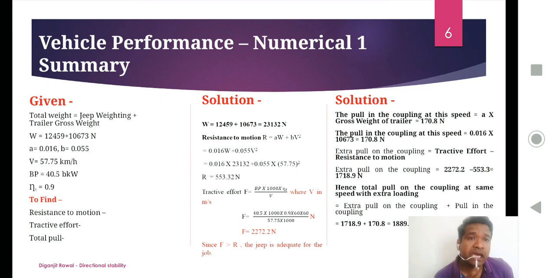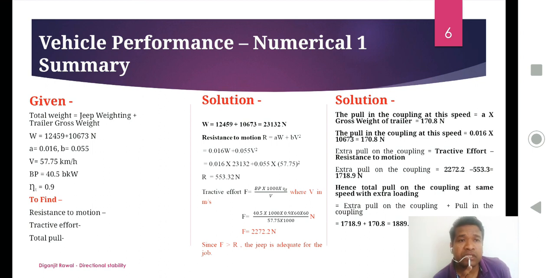Next, we calculate the pull in the coupling at this speed. At this speed means 57.75 kilometer per hour. So we calculate it as a into gross weight of the trailer, and that becomes 170.8 Newton. Then the extra pull on the coupling is equal to tractive effort minus resistance to motion.